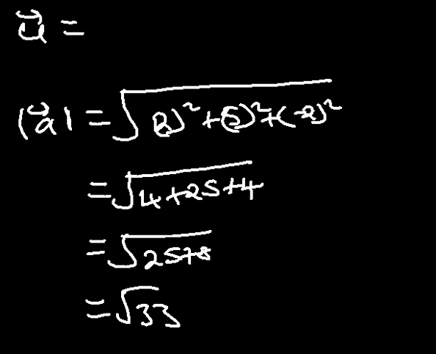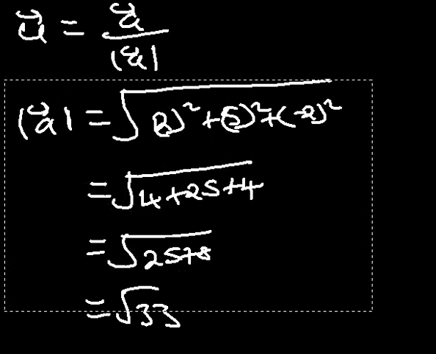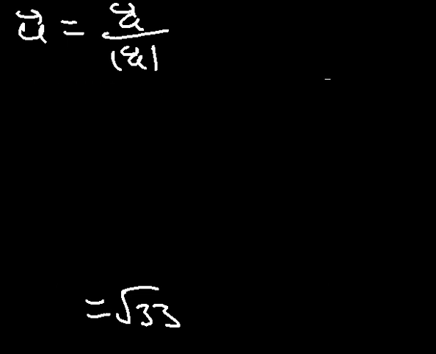This is equal to vector A divided by its magnitude. That's how we find the unit vector of a vector, the ratio of a vector to its magnitude.